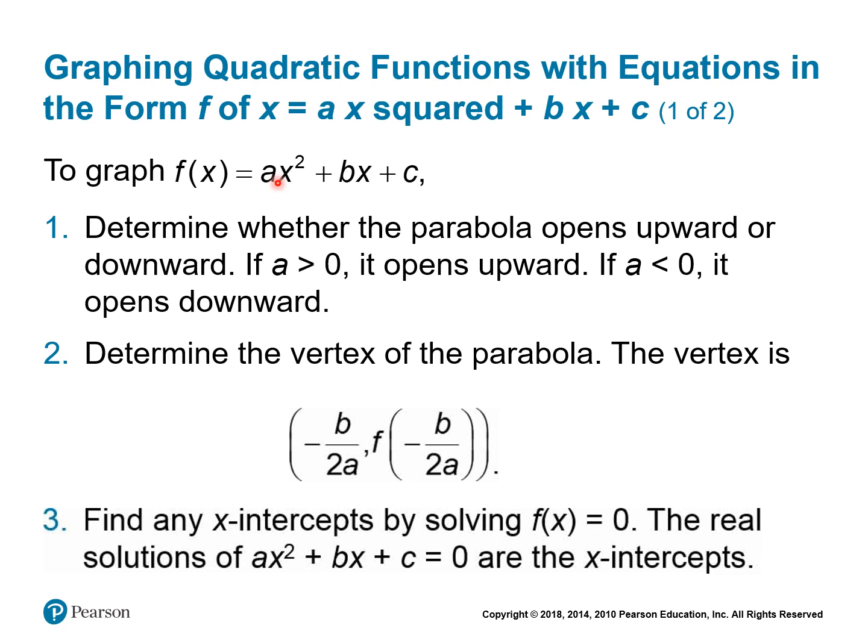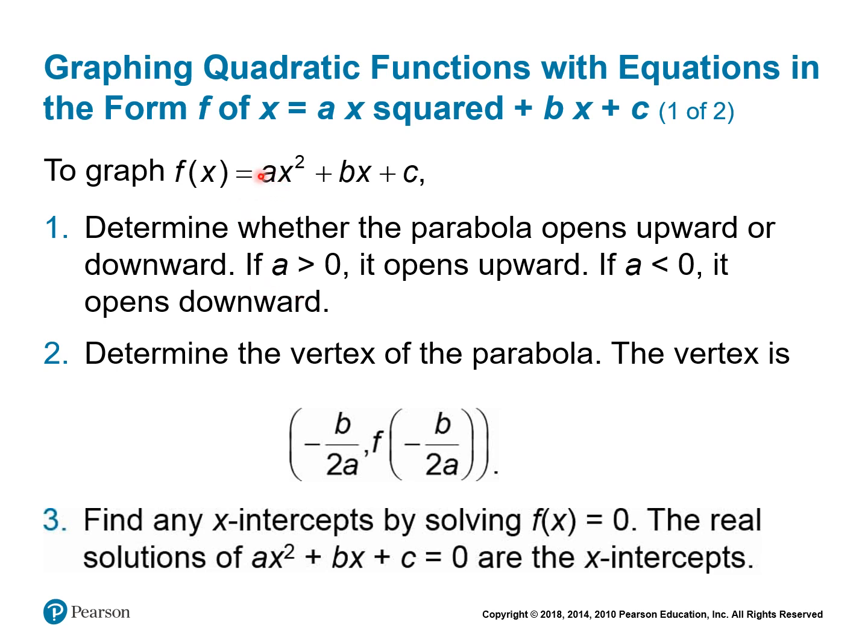Otherwise we'll end up picking the wrong values for a, b, and c, and that's very important because we have to use a, b, and c in our equations to get the graph coordinates.